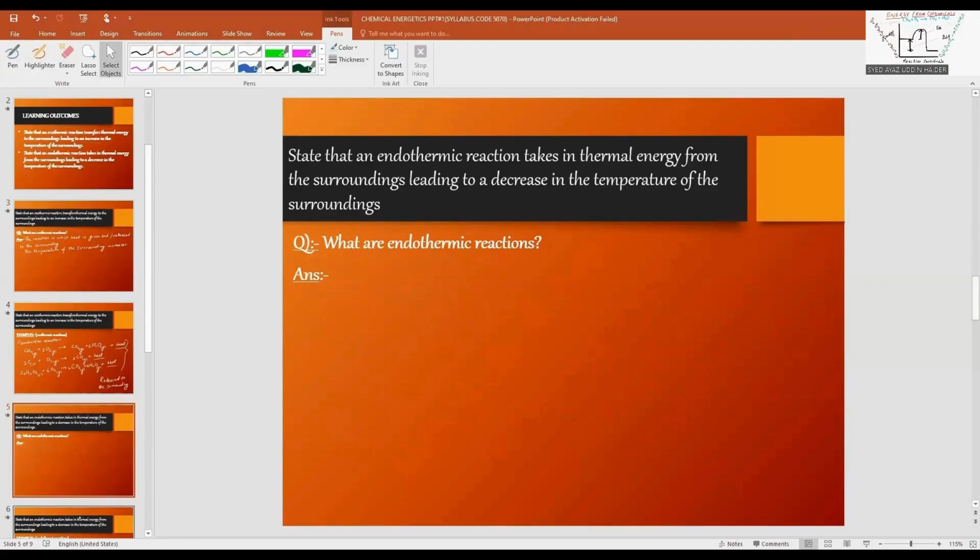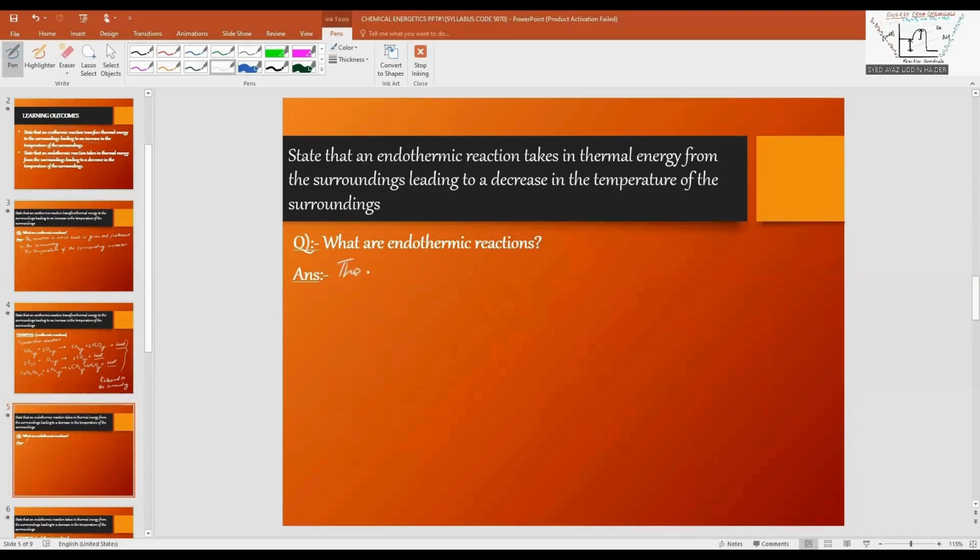What are endothermic reactions? The definition of endothermic reaction is opposite to that of exothermic reactions, which means the reaction in which heat is absorbed or taken in from the surrounding. Let me write.